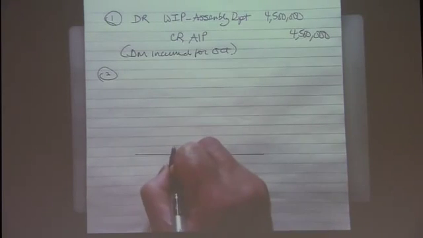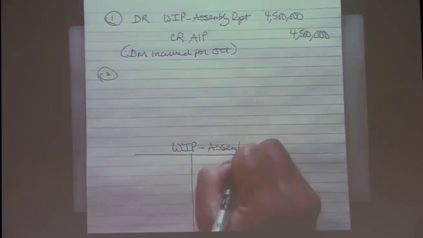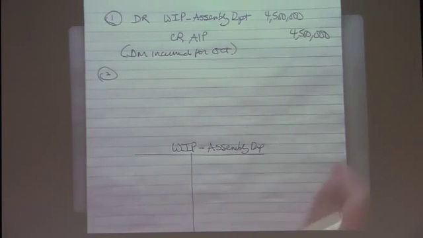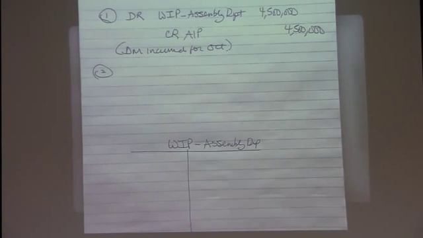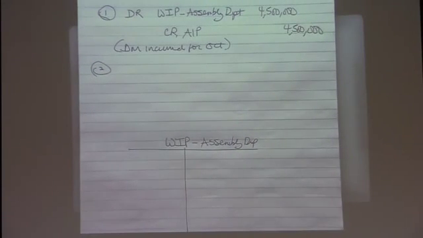And this T account is called the work in progress assembly. Now, there's going to be another T account for obviously the testing department, another T account for the finished goods inventory, because as goods move from one department to the other, you're going to see the transactions captured that way.